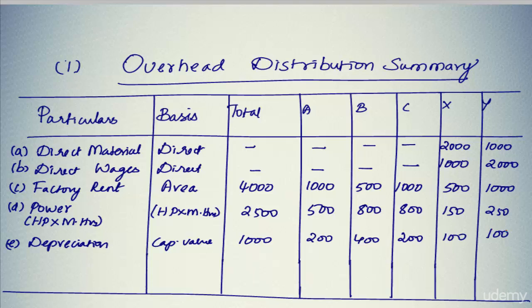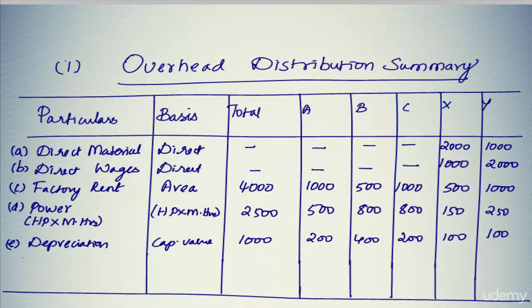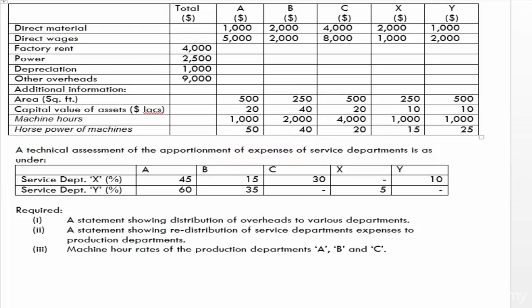Then what is the last item that is pending? It is other overheads for $9,000. So we'll write them here, other overheads, and these other overheads can be apportioned on the basis of machinery hours, and it is $9,000. So if you want to derive the ratio for apportionment, machinery hours is nothing but 1:2:4:1:1.